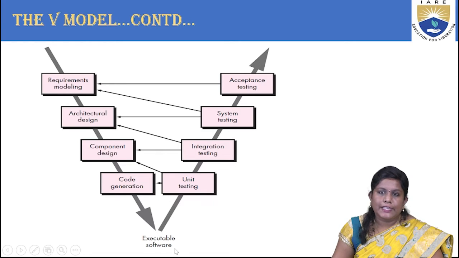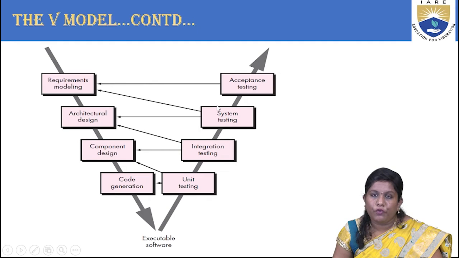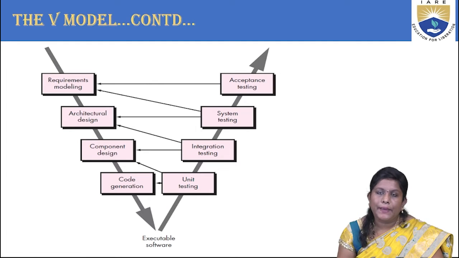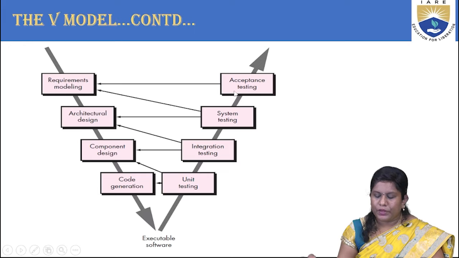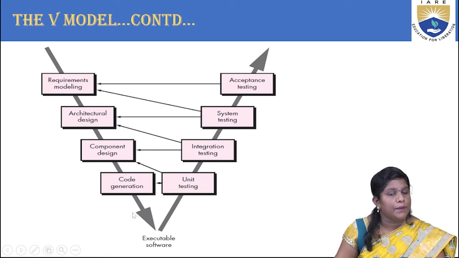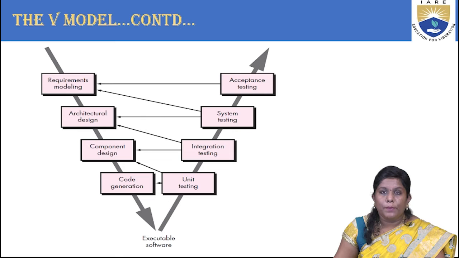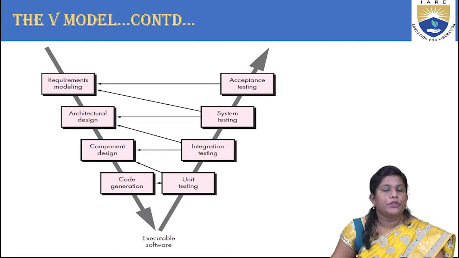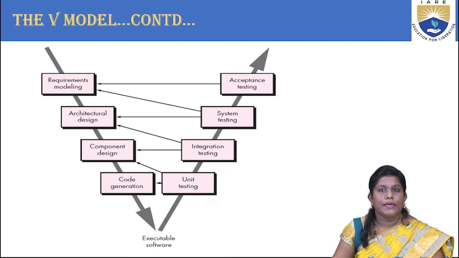And when you reach the executable software, when you are trying to move up again, it is trying to focus on programming a series of tests, right? So if you look at this diagram, you are coming down and moving up. Whenever you are coming down, you are trying to define some basic problem requirements. Next, when you are trying to move up, you are completely trying to focus on the testing.